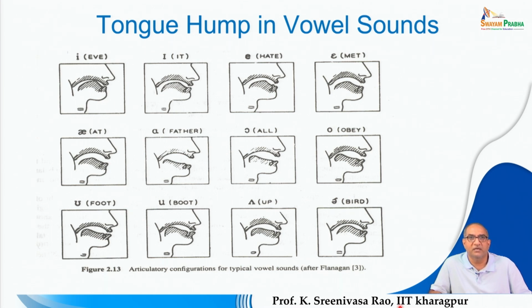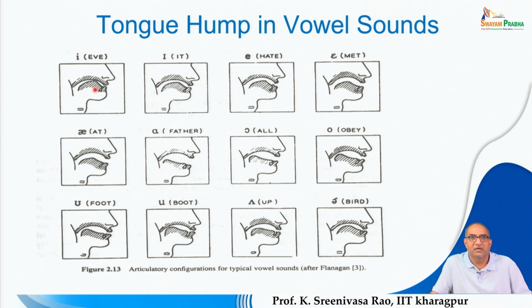In each subfigure a vowel is uttered in the context of a particular word, and it shows the position of the tongue hump and the nature of the tongue hump, that is, the height of the tongue hump.